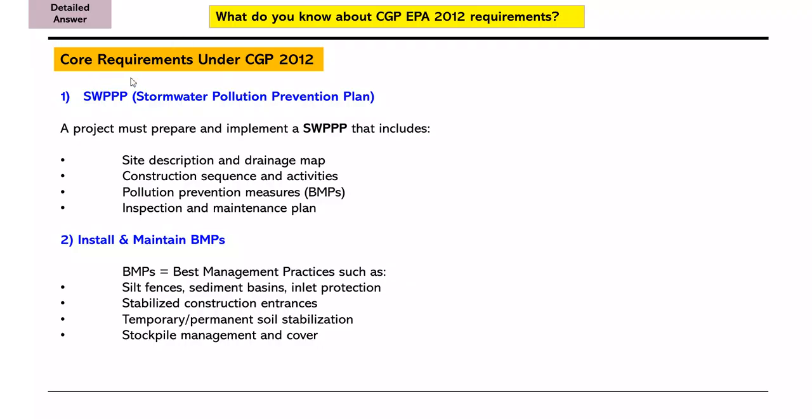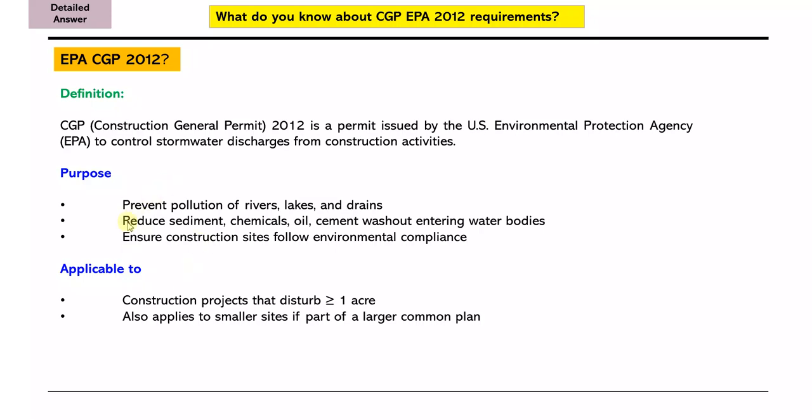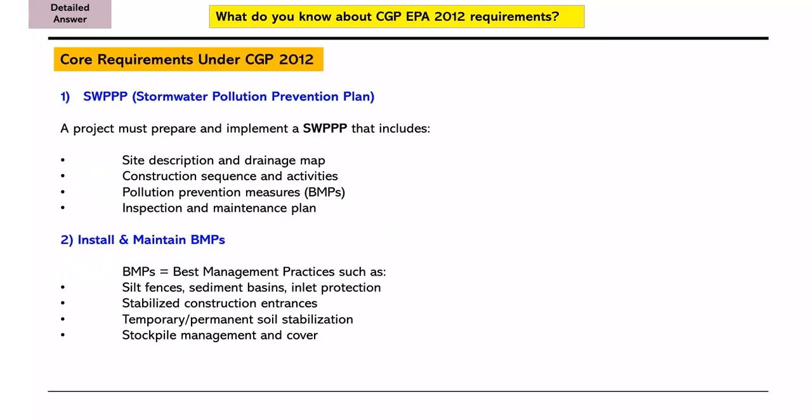Now, what are the core requirements under CGP? In the last slide, we saw prevent pollution, reduce sediment, and ensure construction compliance. So now we will define each and every one. First, we have the SWPPP, Stormwater Pollution Prevention Plan.